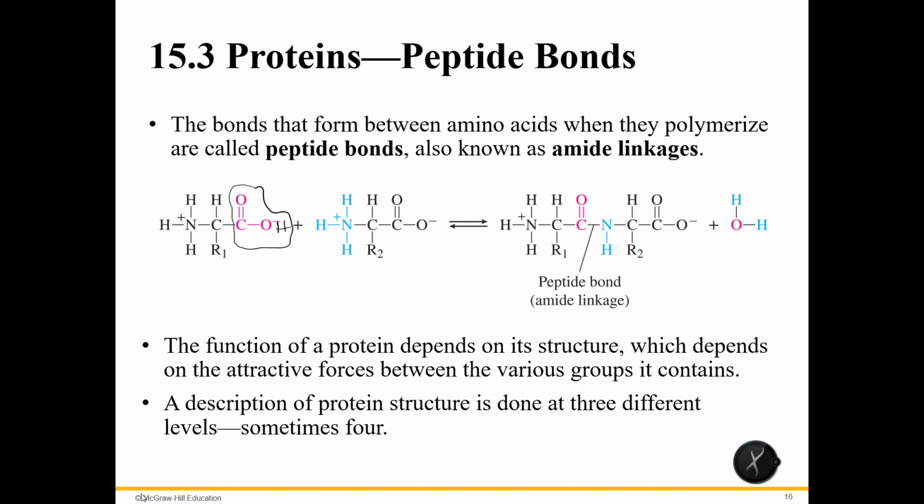And then you have the amine group. All right. So what happens here is the nitrogen and the carbon bond together, and then the hydrogen and one of the other oxygens breaks off and forms water, and that creates a peptide bond.